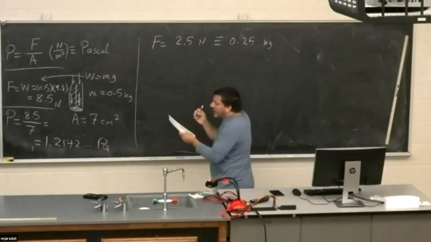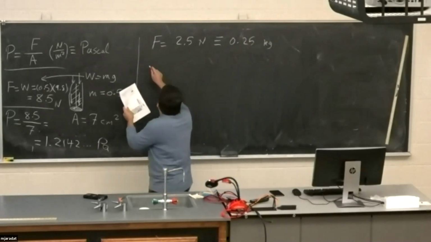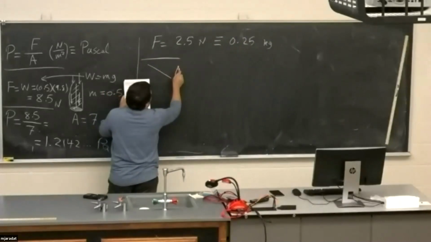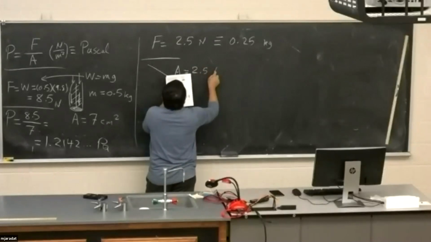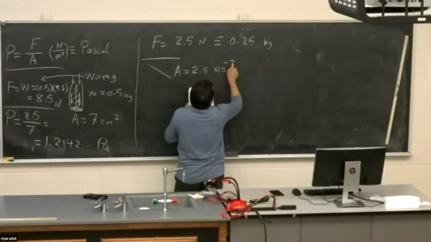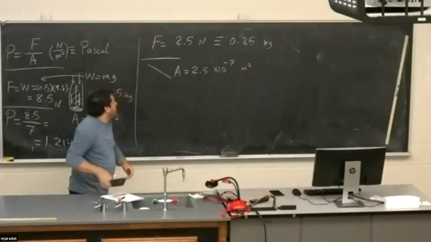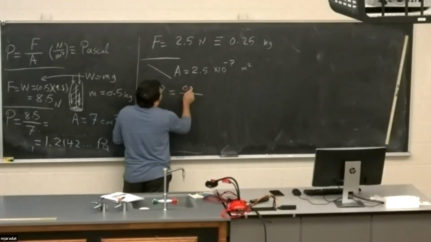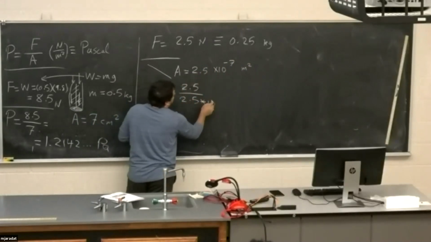Now, on a needle tip, you see that there's a balloon and there's a needle tip. Initially, we have a needle which has very small area, which is equal to 2.5 multiplied by 10 to minus 7 meters squared. We need to compute the pressure in this case. Pressure is equal to 2.5 over 2.5 multiplied by 10 to minus 7.